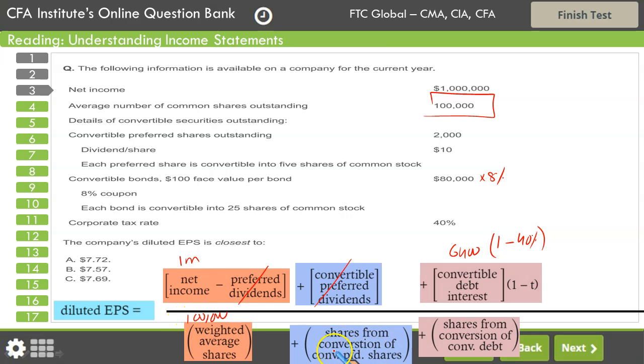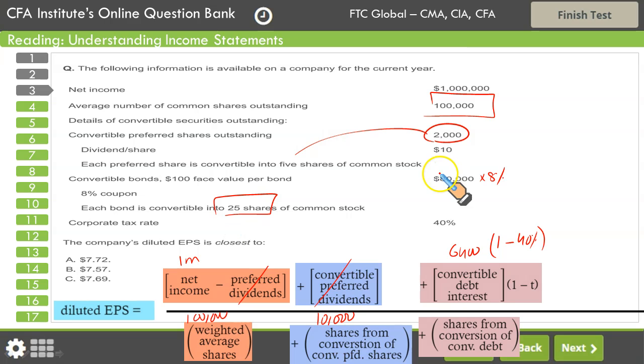Shares from conversion of preferred stock. There are 2,000 preferred stock. Each preferred stock will give you 5 shares, which means there will be 10,000 new common stocks if these preferred stocks are converted. All right, then what about bonds? Each bond is converted to 25 shares.